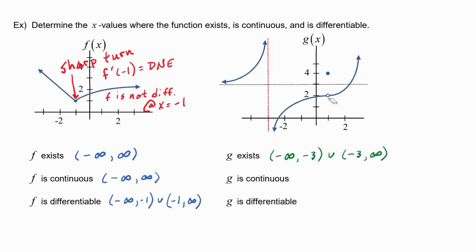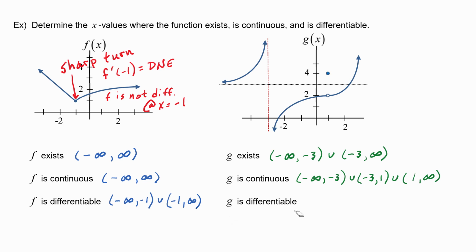And because of this hole here with the jump up to that point, we know that g is also not continuous at x equals 1. So then we can say g is continuous from negative infinity to -3 union -3 to 1 union 1 to infinity.